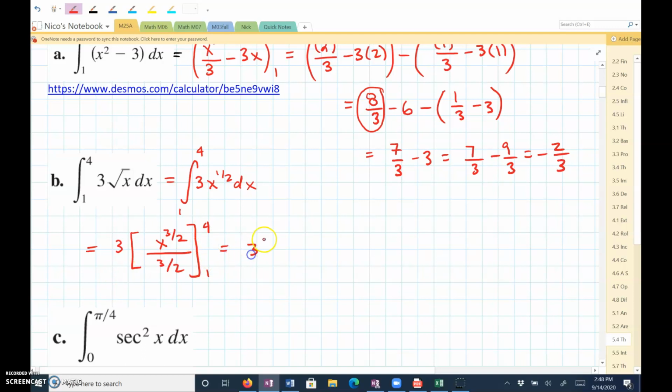And then this would be 3 times 2/3 x to the 3/2 power, 1 to 4. Here, 3 divided by 3 is 1, so this is going to be 2x to the 3/2.